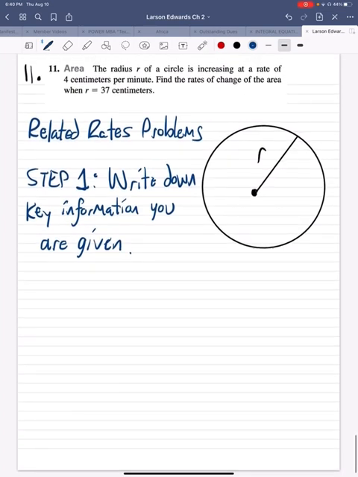In this question, it tells us that the radius r of the circle is increasing at the rate of 4 centimeters per minute.